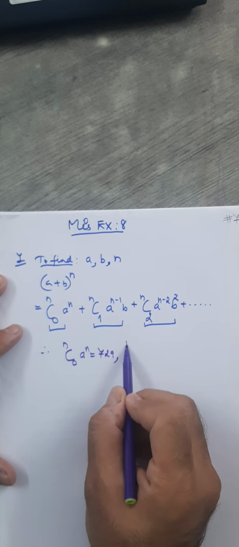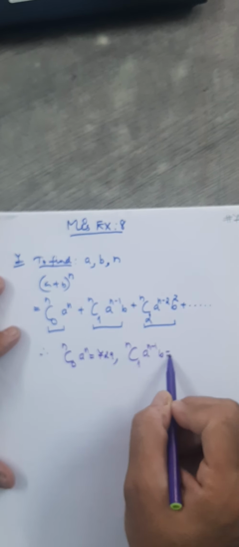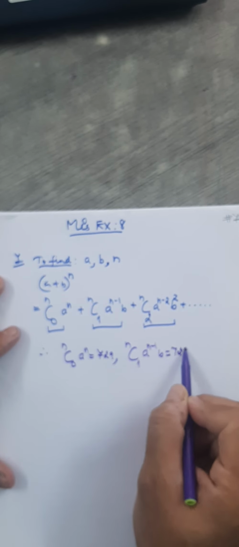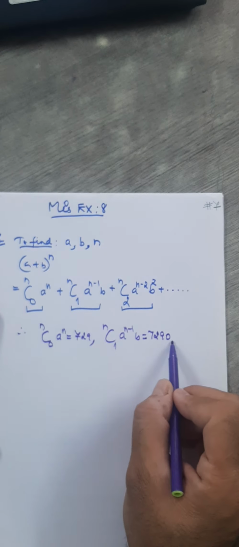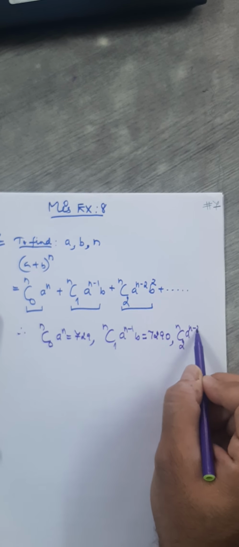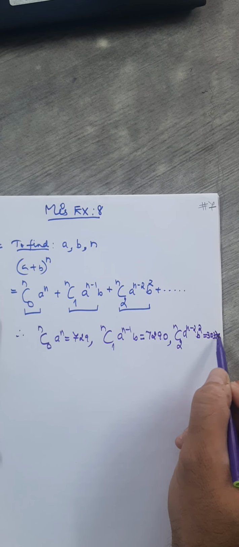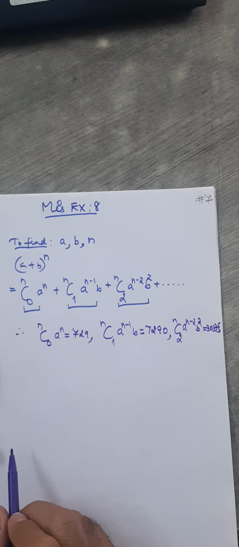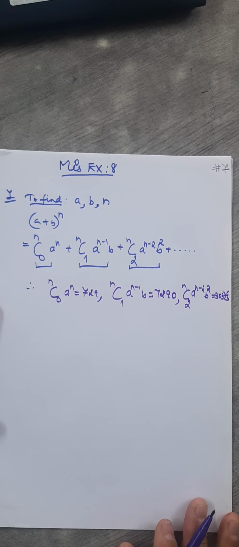Here nC1 into a raised to n minus 1 into b equals how much? 7290. And one more, if I write here, nC2 a raised to n minus 2 into b squared equals 30375. This is given to you. Fine. This much we are given here.